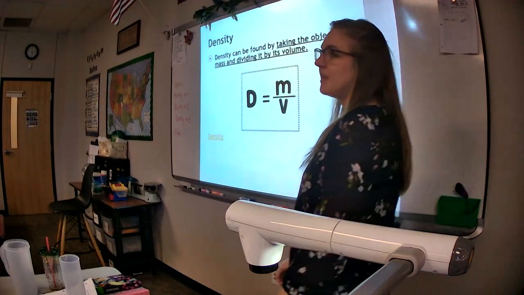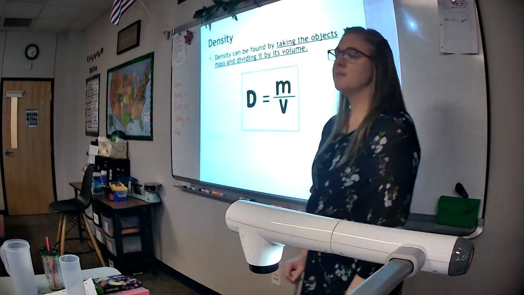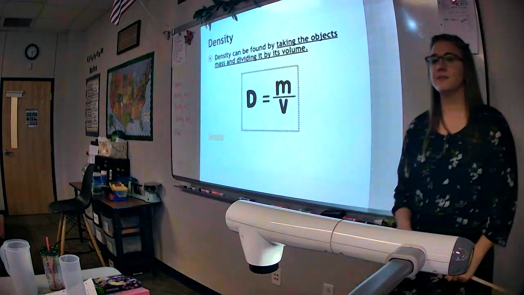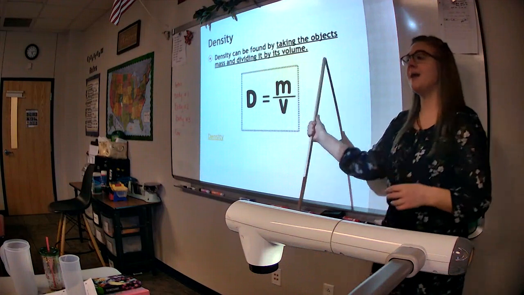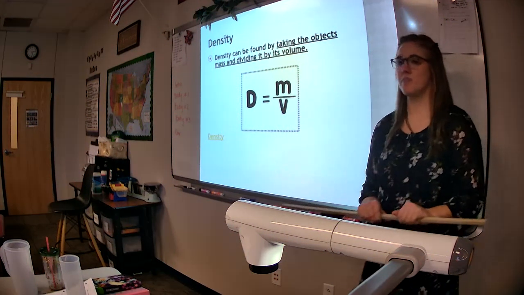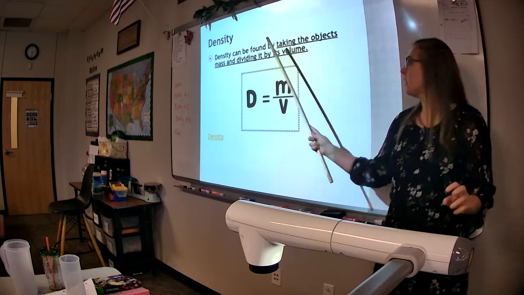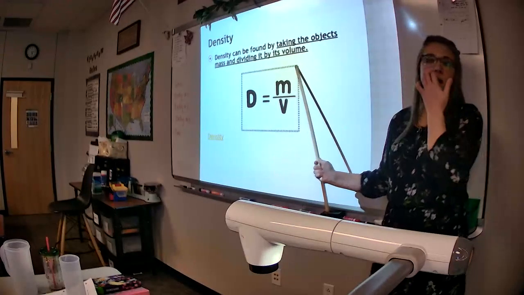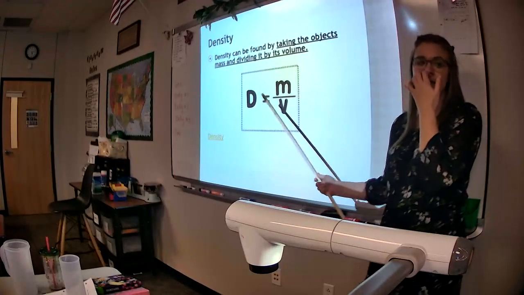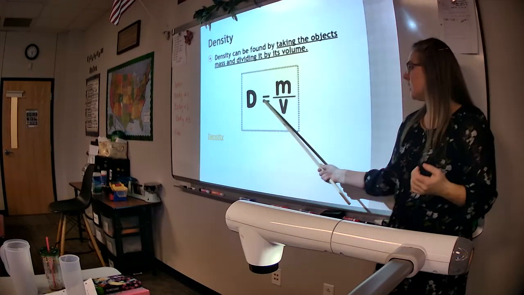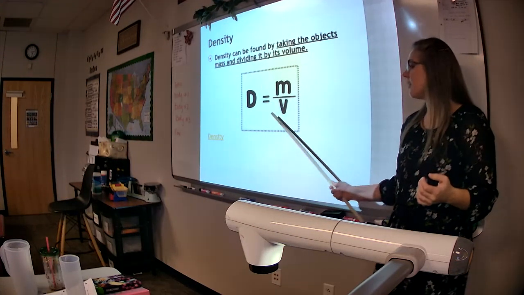Density can be found by taking the object's mass and dividing it by its volume. I want you to write the definition, and then in the box below that, write the formula.